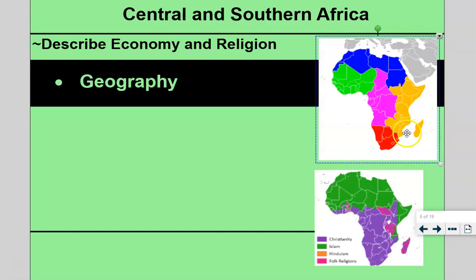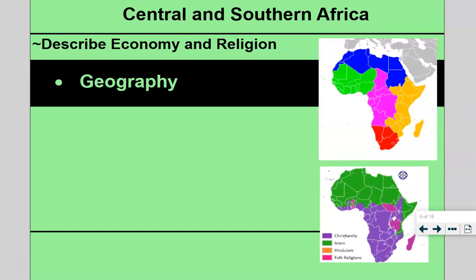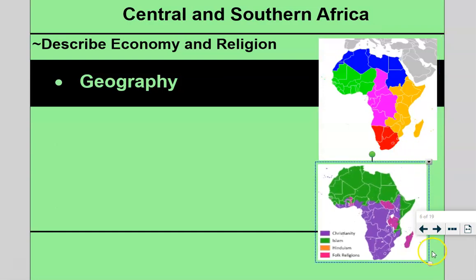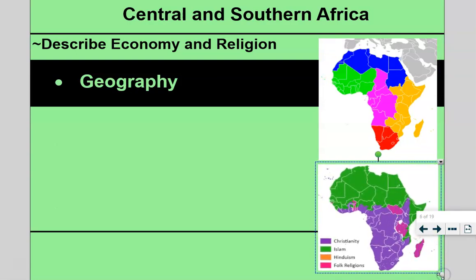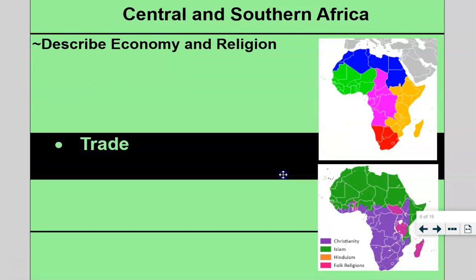They'll have the longest lasting impacts from imperialism when the Dutch come down and then eventually establish the apartheid. So we'll see some very big impacts from imperialism in these regions, but we also see their geography being negatively impactful, right? The central region is cut off because they are isolated in rainforests, and then the south is cut off by the rainforests of the central region.